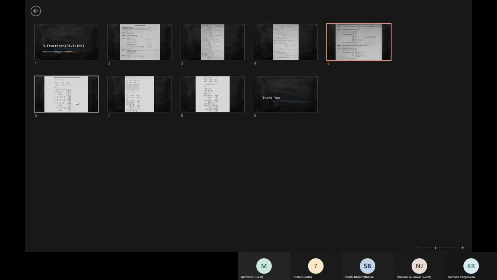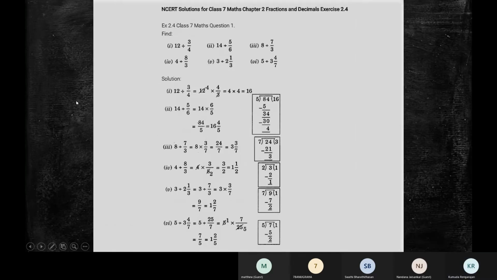All right, children, let's see the next one. You're familiar with these? Just go through these sums. Quickly go through these sums on division.